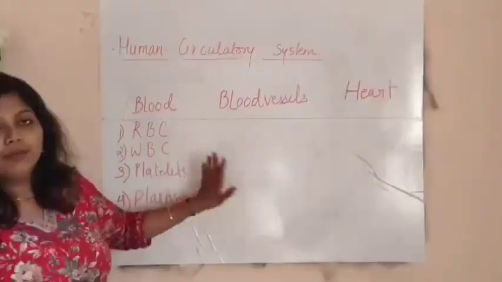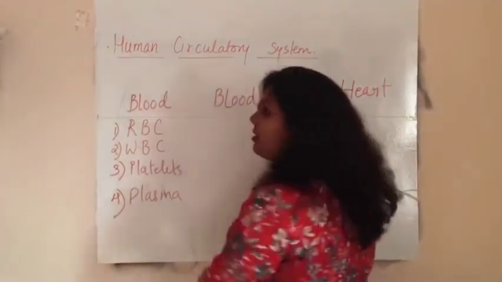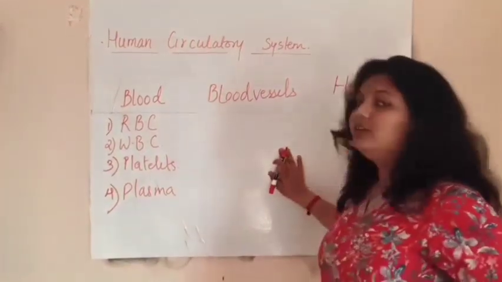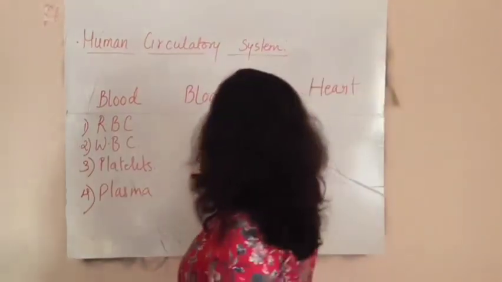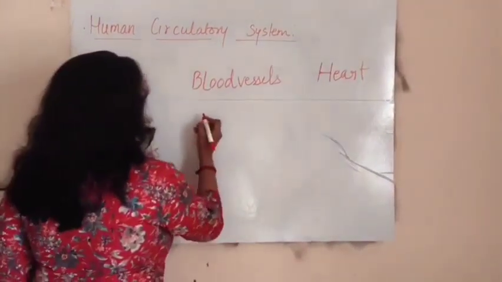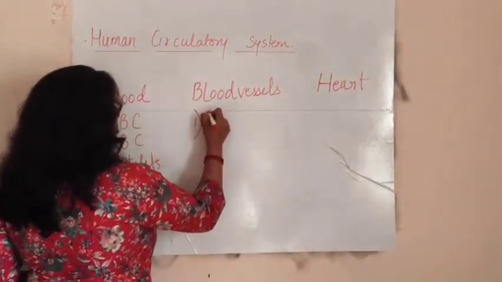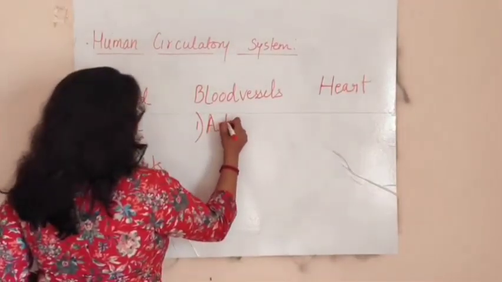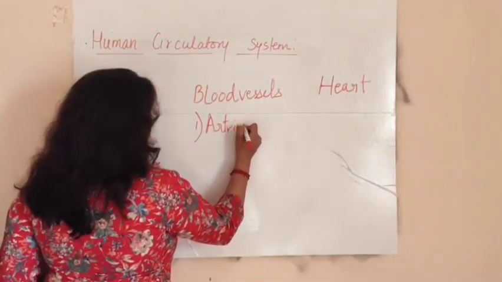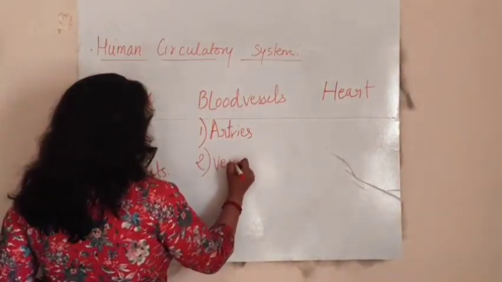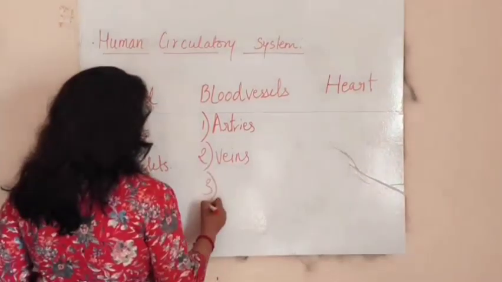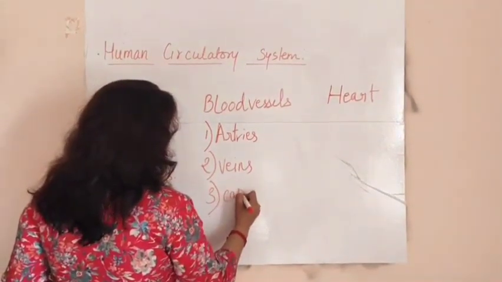Now moving on to our pathway. There are 2 to 3 major pathways that we are going to discuss. The first being arteries, second veins, and the third one capillaries.